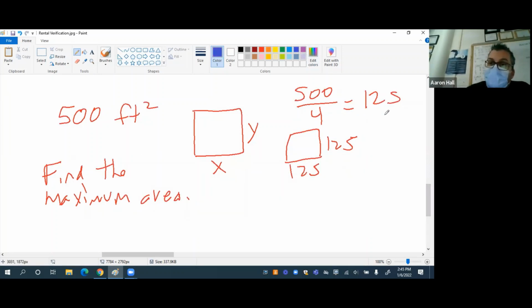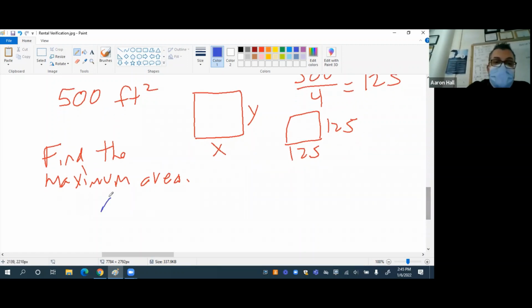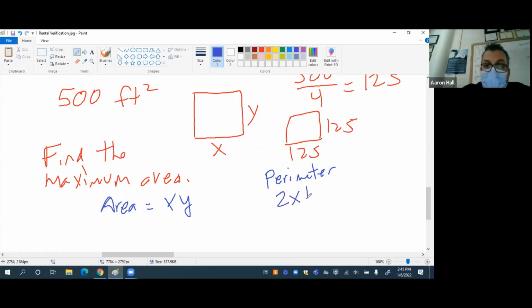What's my first step to use calculus to find the same answer? I guess you do the area equation again. Okay, my area equation: area equals x times y. I'll find the substitute for y. So I guess the perimeter would be 2x plus 2y equals 500.